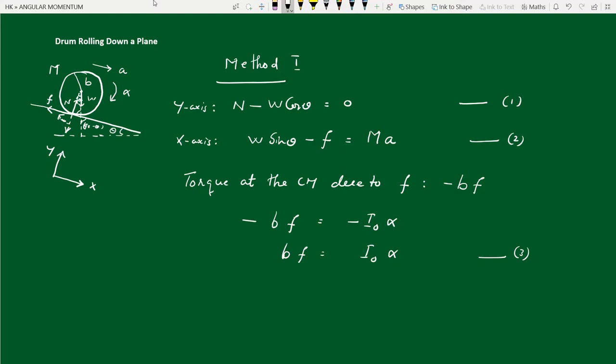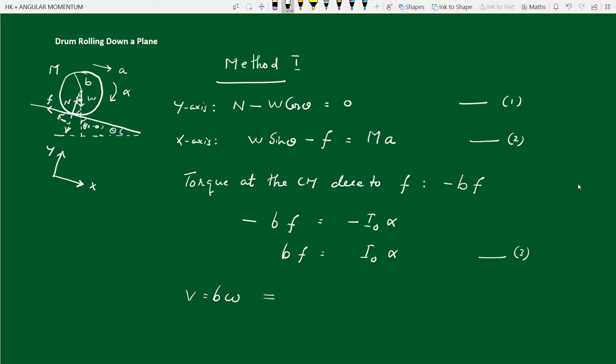And we also need an expression connecting linear acceleration and angular acceleration. This we have done many times before. That is the connection between the linear velocity of this rotating drum and the angular velocity: V is equal to B omega.